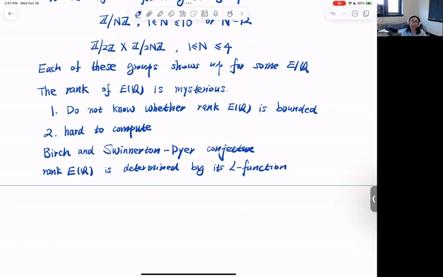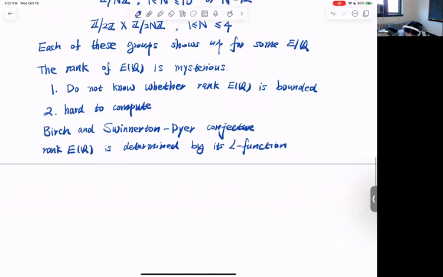It conjectures that the rank actually equals the order of vanishing of the L-function of this elliptic curve at its central point.